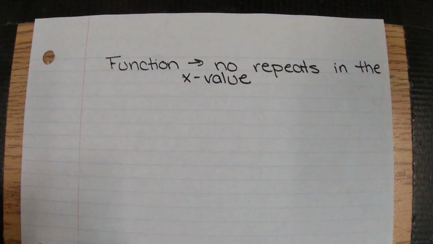Now, if we look it up in the textbook, we'll see a really fancy definition that says every number in the domain is paired with exactly one number of the range. But that's just a fancy way of saying that our x value can't be repeated and have two different numbers that it partners up with.